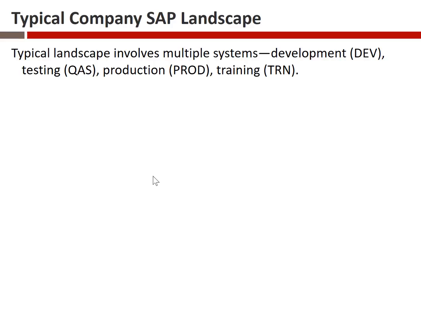So what we do is we have the development system, which has a lot of stuff in it. Then we have the testing system that, as best as possible, mirrors the production system, so that we know, as best we can determine, that if it passes testing in quality assurance, it will be okay in the production system.